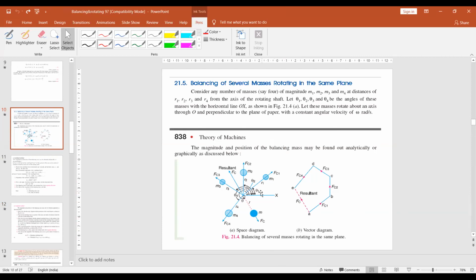The m1 direction is theta 1, say 45 degrees, m2 is 90 degrees, m3 is 135 degrees, and m4 is nearly 245 degrees. Those are the inclinations.